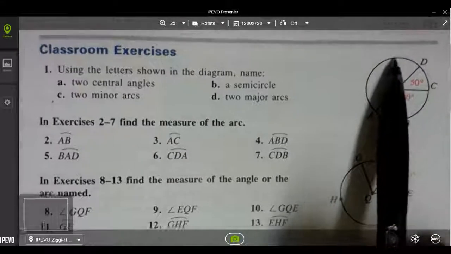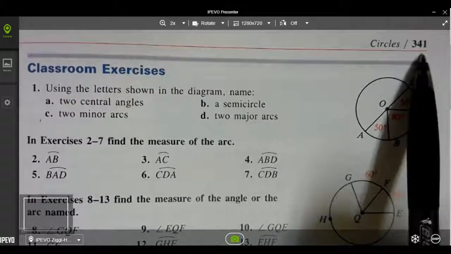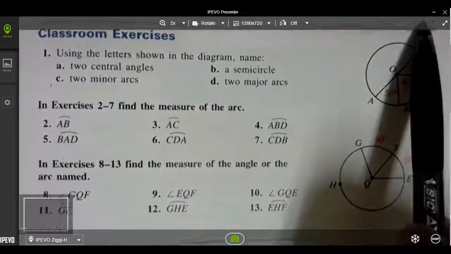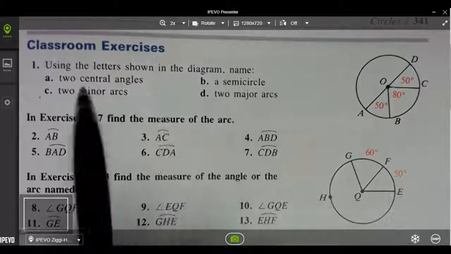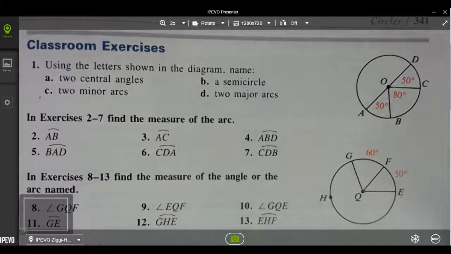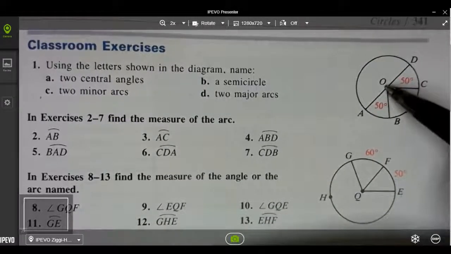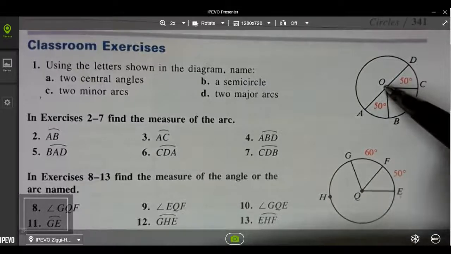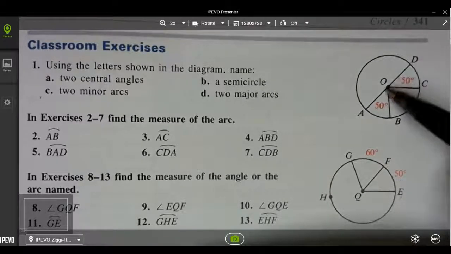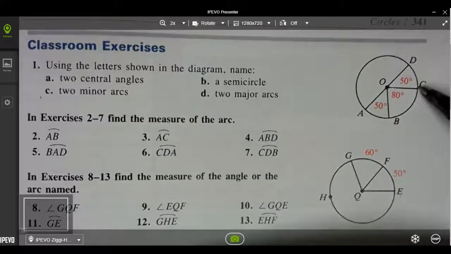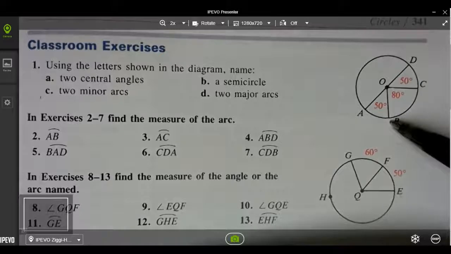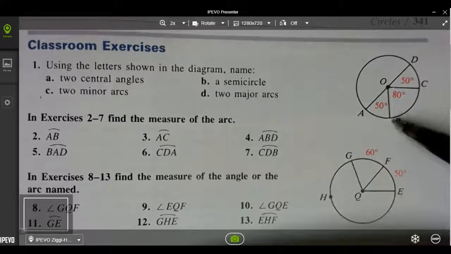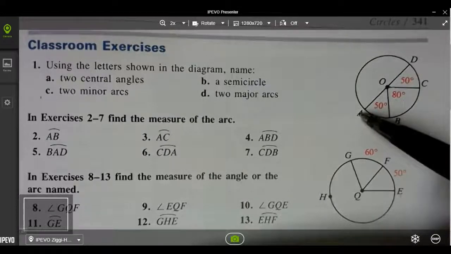All right, let's do some exercises. This is from your textbook, page 341. Using this diagram, use the letters shown to name two central angles. We have to have the vertex at the center to be a central angle. So DOC will be a central angle, COB will be a central angle, BOA will be a central angle.